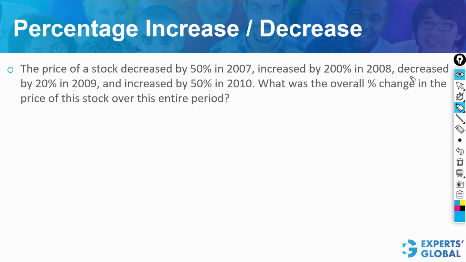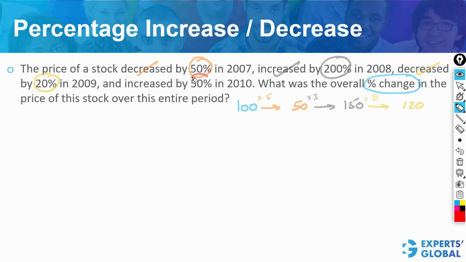Since the value required is in percentage and not an absolute value, we can assume the initial price to be 100. First, there is a 50% decrease, so 100 becomes 50. Next, a 200% increase, so 50 becomes 150. Next, a 20% decrease, so 150 becomes 120.